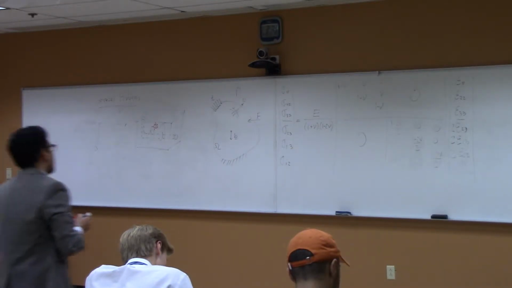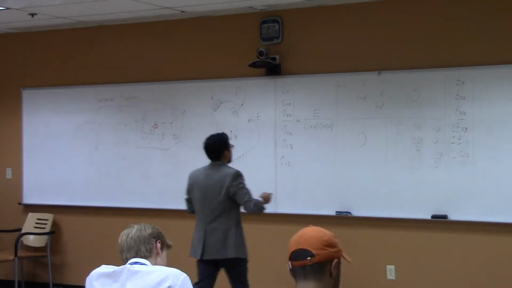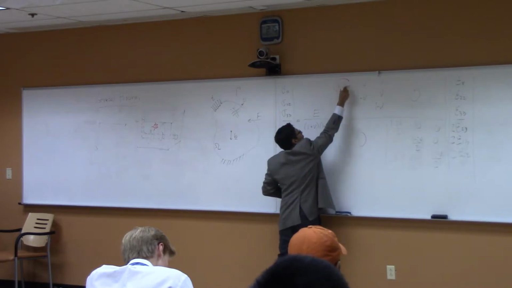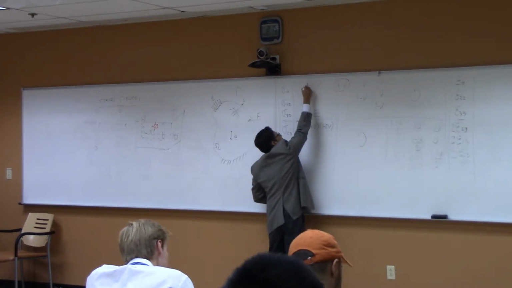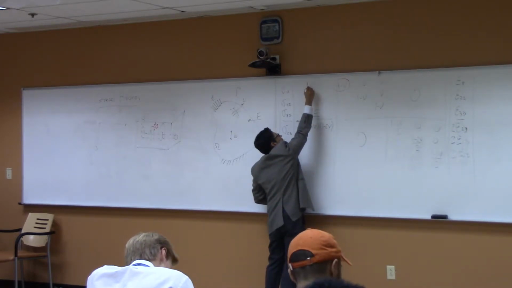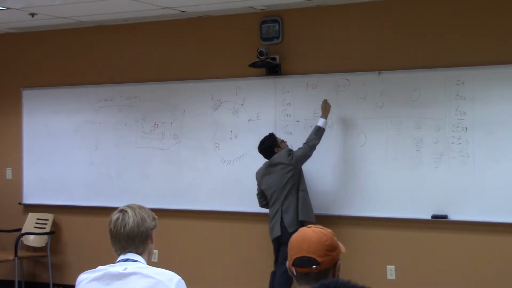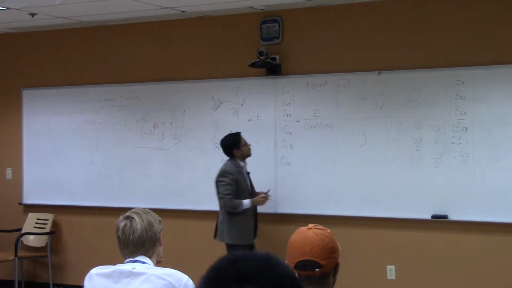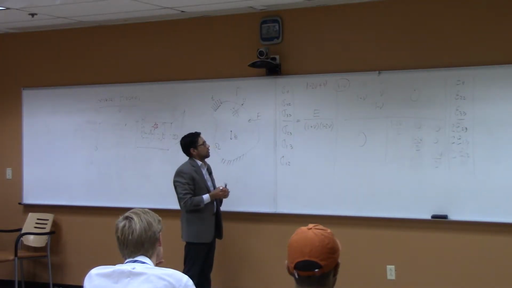And notice that this coefficient over here, I can write it as 1 minus 2 times Poisson ratio plus Poisson ratio. It's the same thing, right?